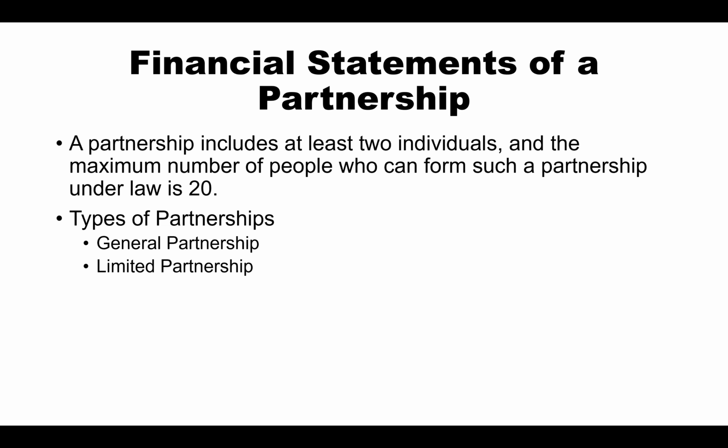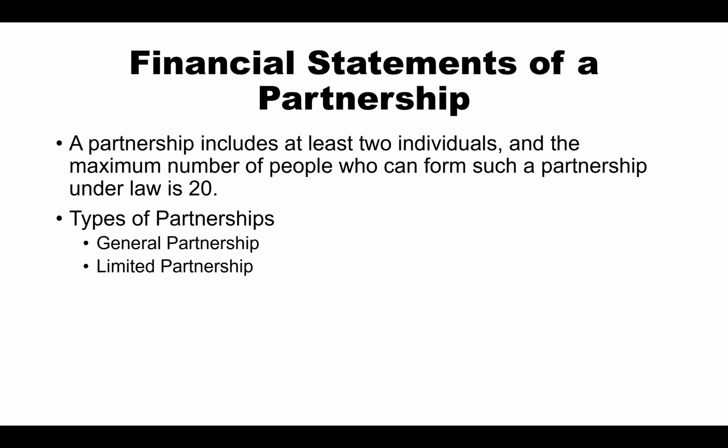So for accounting purposes, the partnership is a separate entity from the partners, and the partners have unlimited liability. If the partnership is unable to pay its liabilities, the partners may be called upon to use their personal assets to clear unpaid liabilities of the partnership.